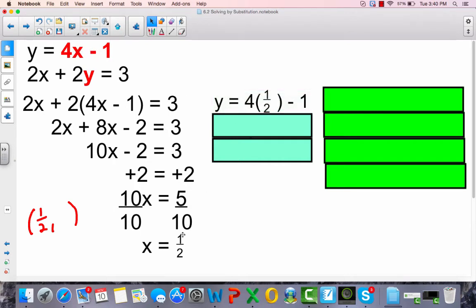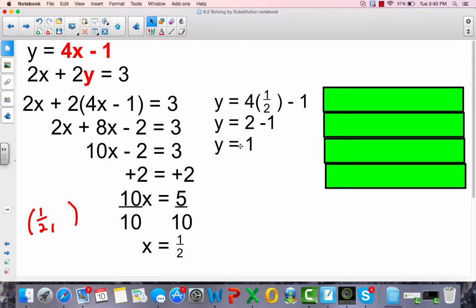Instead of the x, I know what x is. It's 1/2. So I put 1/2 instead of the x. That gives me y equals 4 times 1/2 minus 1. 4 times 1/2 is equal to 2. 2 minus 1 is equal to 1. So our solution is 1/2 and 1.